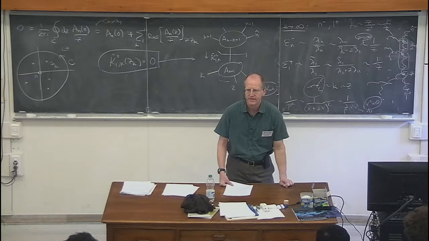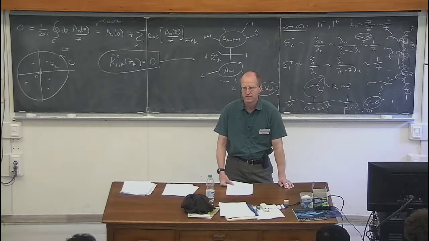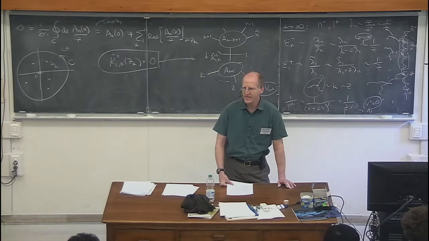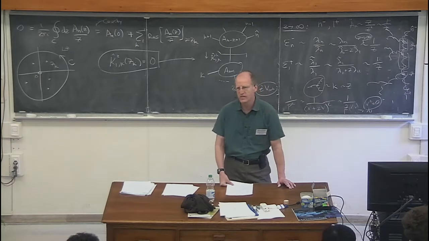Yep? Correct. If n is plus and 1 is minus, then you want to do the 1 comma n shift instead of the n comma 1 shift to show the convergence works.